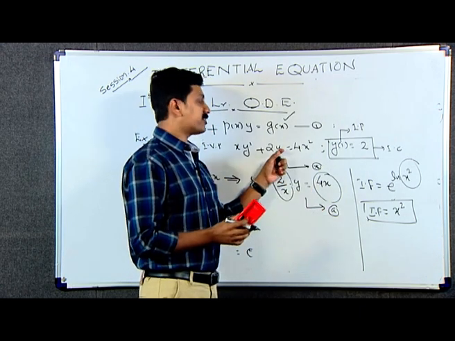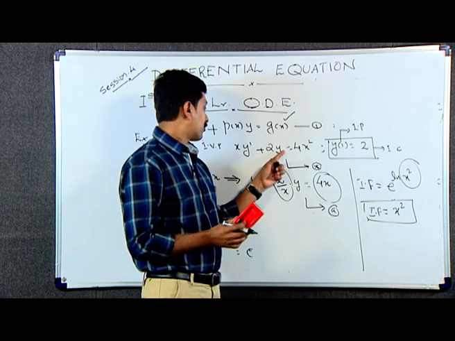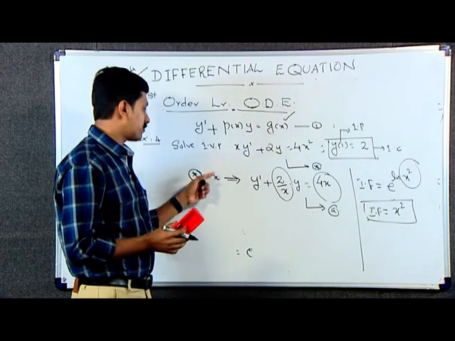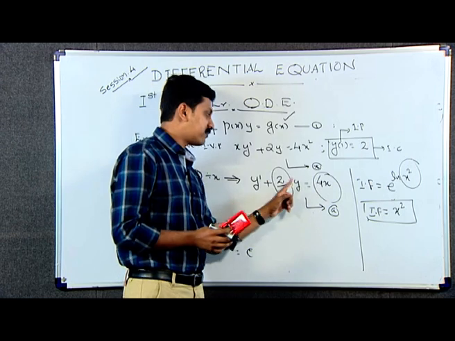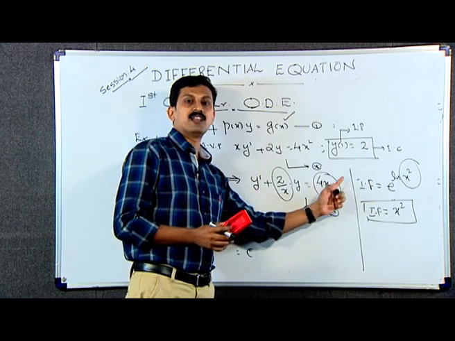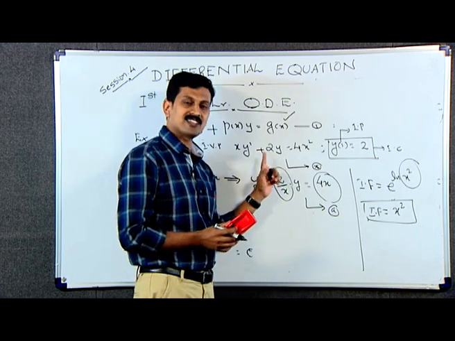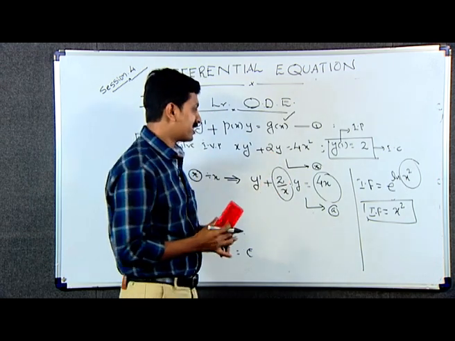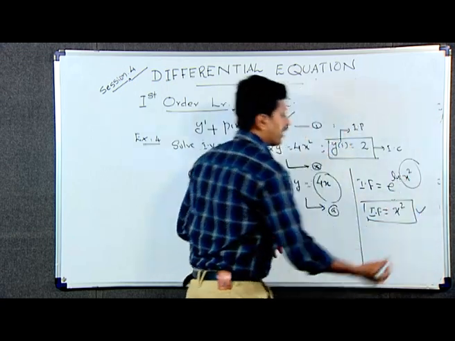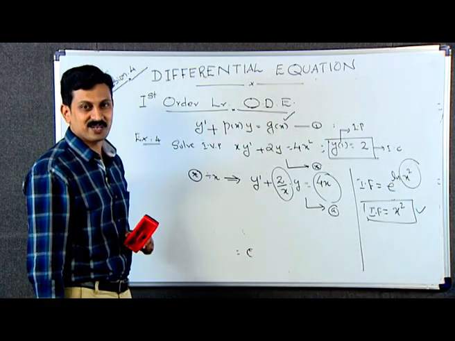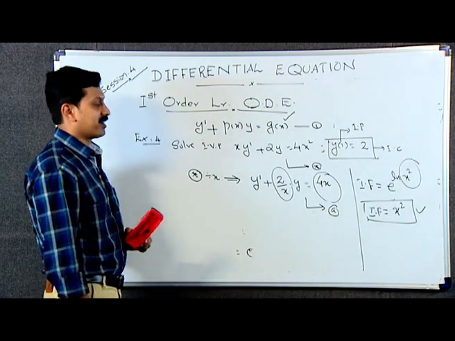While the given equation is not linear, by using some simple operations we converted it into the standard form of a linear differential equation. That is why the given differential equation is itself a linear differential equation, which has the integrating factor x square. So, we can find the solution.